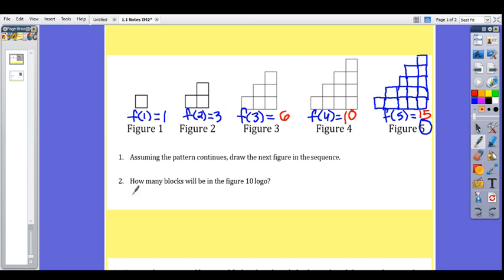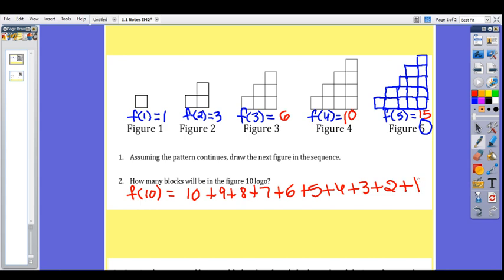So if we do it that way, then f of 10 will be 10 plus 9 plus 8, 7, 6, 5, 4, 3, 2, 1. If we add all these, we know the last five are 15 because we did it here.